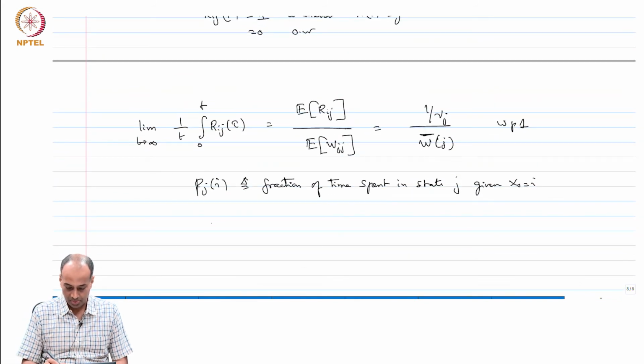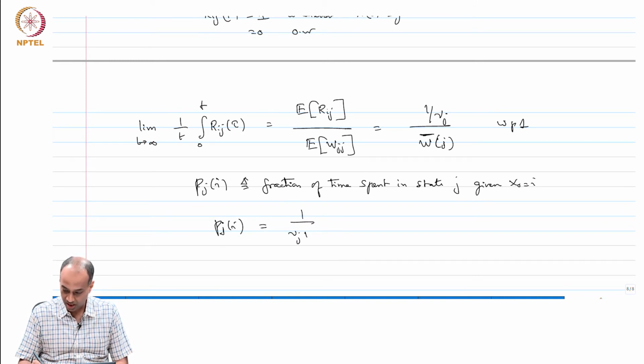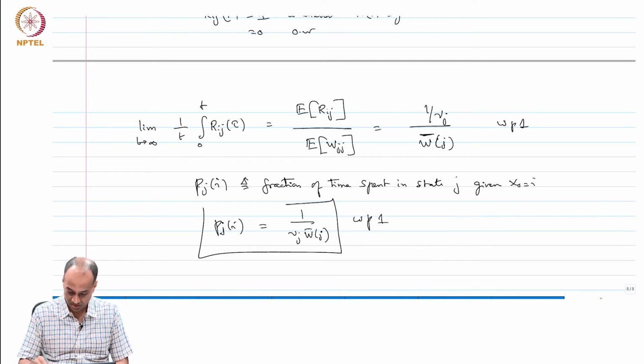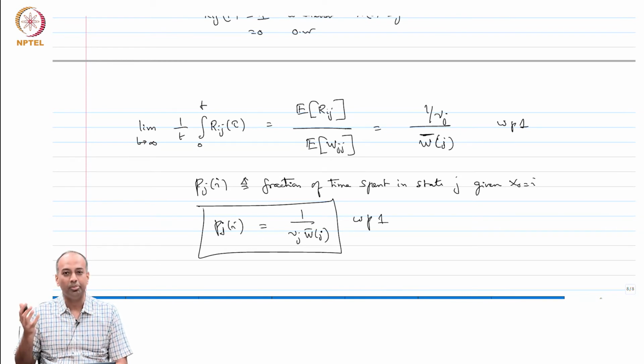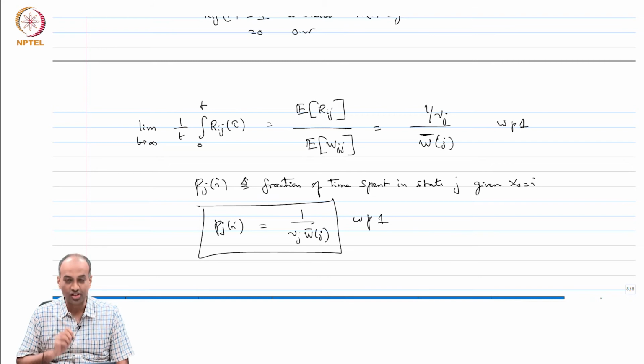Pj of i on the left hand side is equal to 1 over nu j w bar j with probability 1. What we see here is that Pj of i does not depend on i at all, so I can just call this Pj.